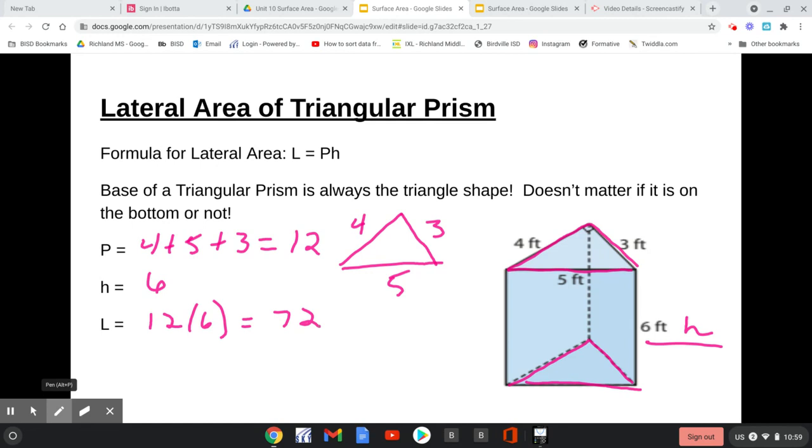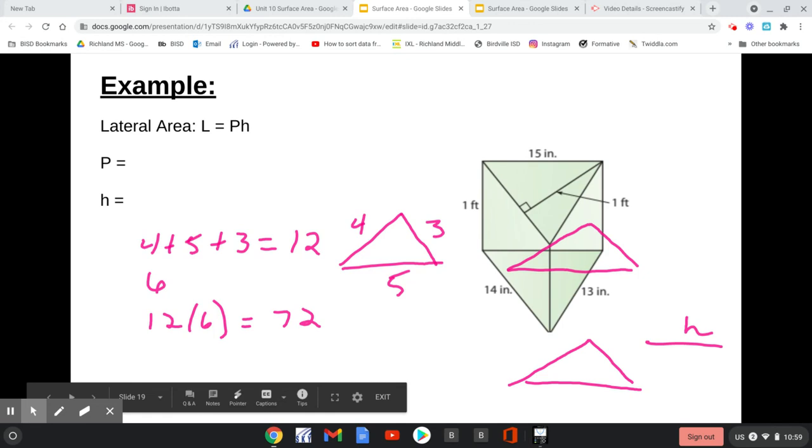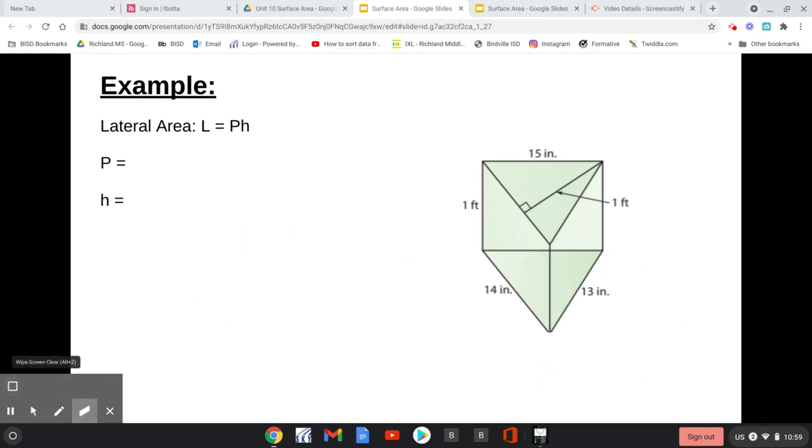Let's see if we have another example. Yep. Clear. Here we go. So once again, this is a very strange drawing. Well, it's not too strange. It just looks weird here.